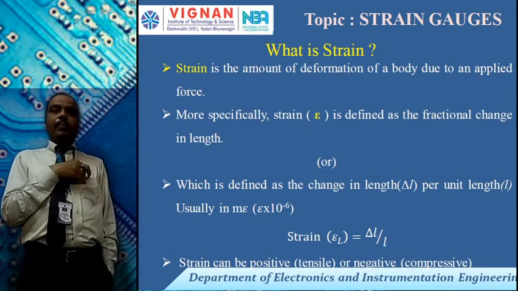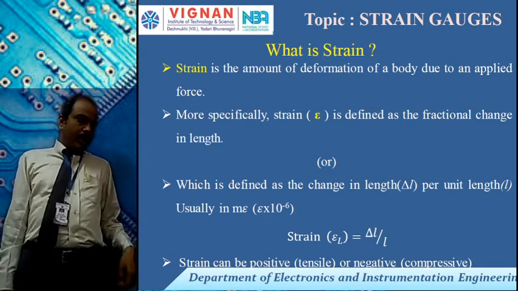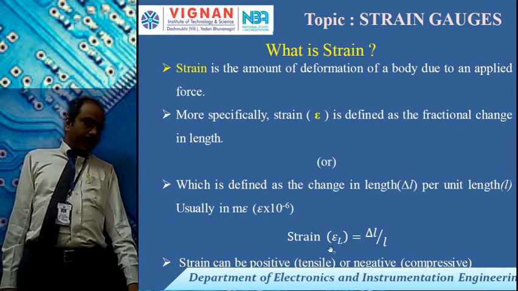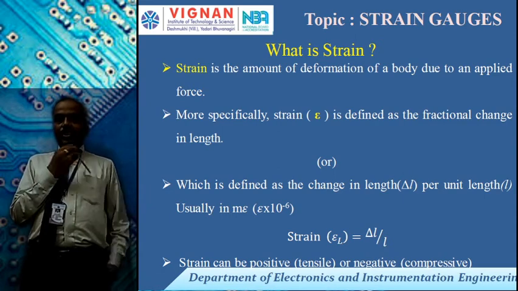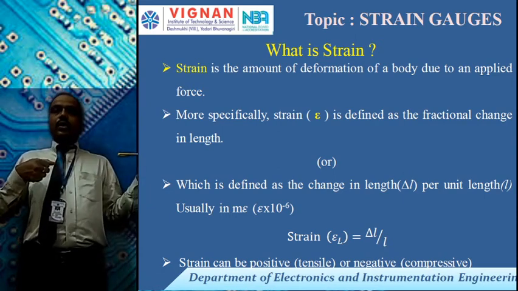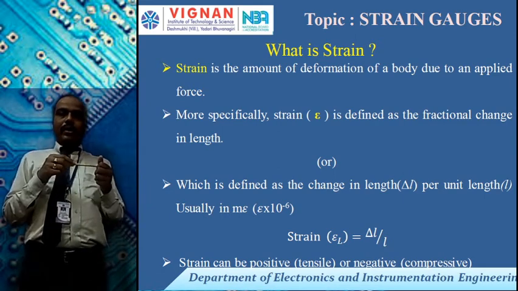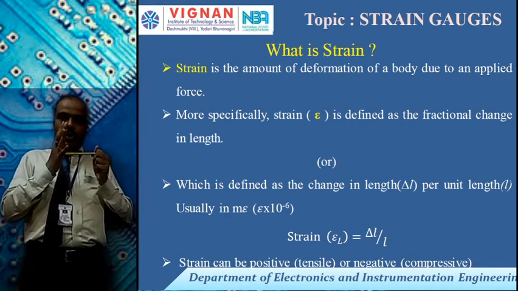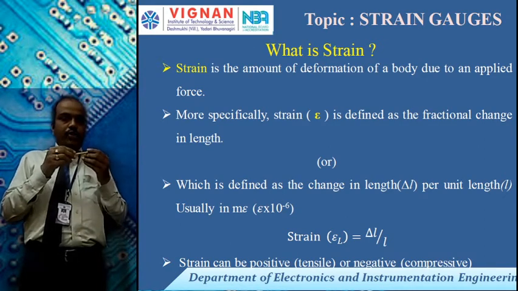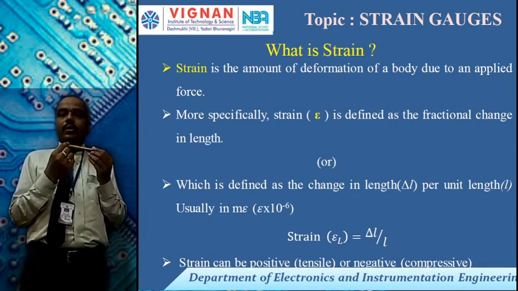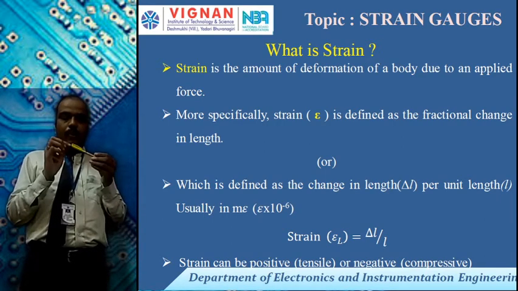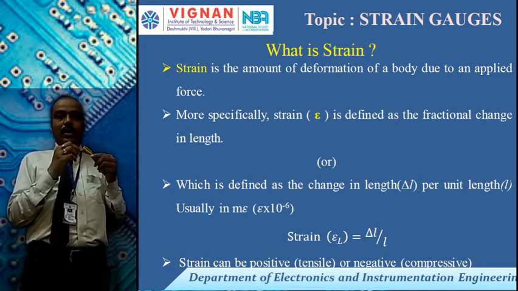Generally the strain is expressed by the symbol epsilon. There are two types of strain: longitudinal strain and lateral strain. When you apply some force in this direction, there is a change in the length, a dimensional change in the longitudinal direction. In a similar way, the cross-sectional area, the diameter of this body, also changes.